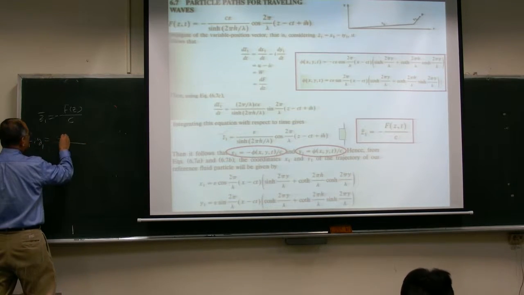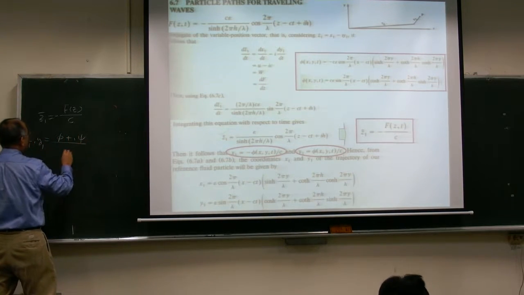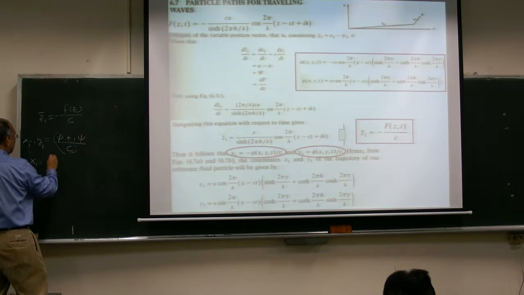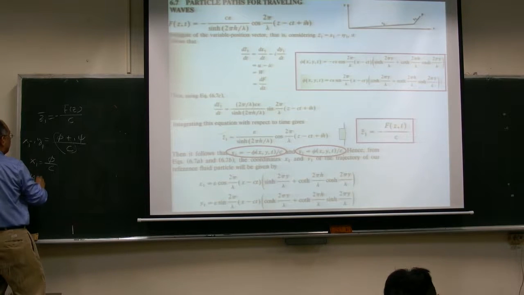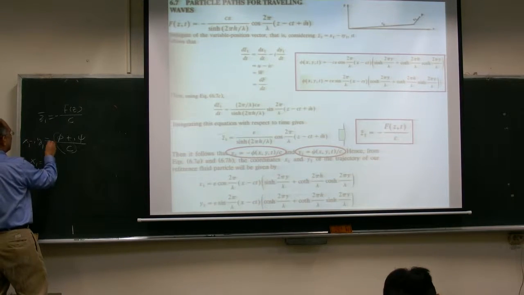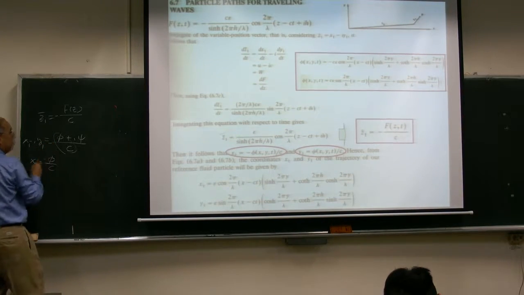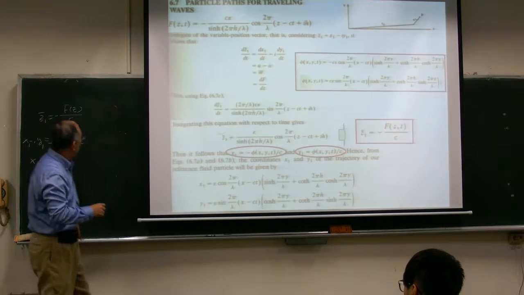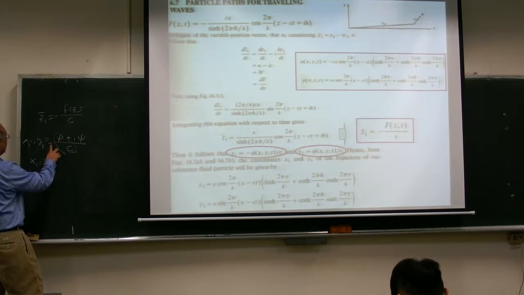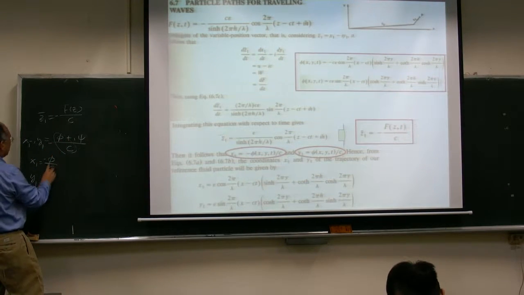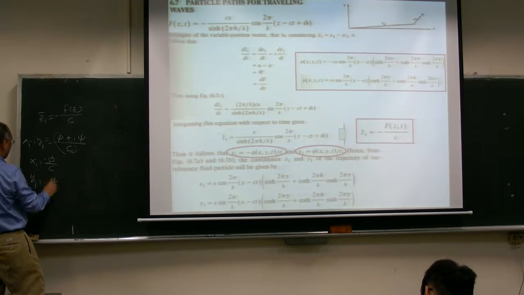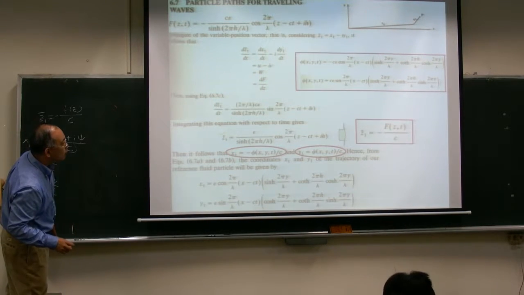And f is equal to phi plus i psi, right? So our x1 should be equal to the real part of this. And our y1 should be equal to, taking a minus sign here, psi over c.